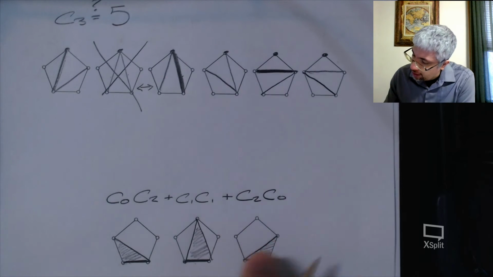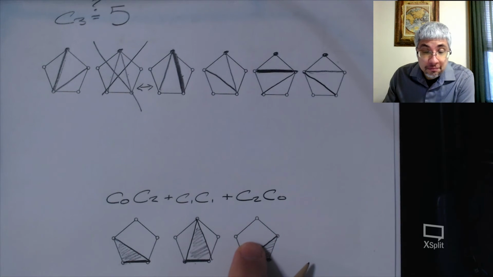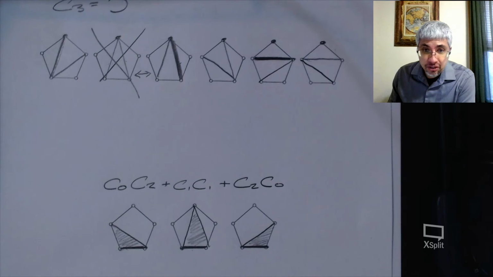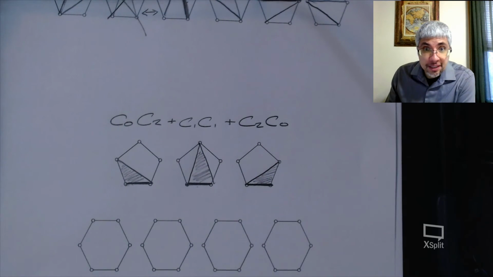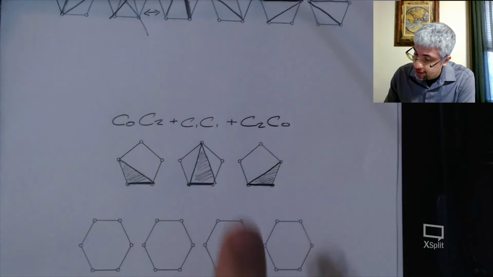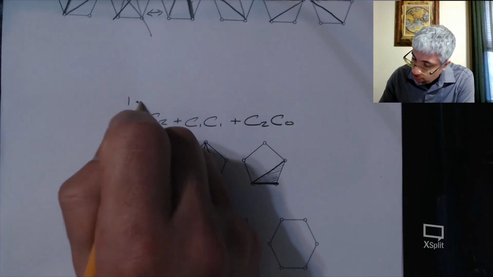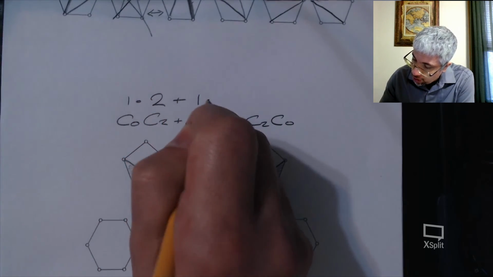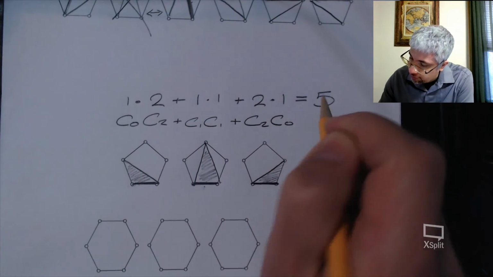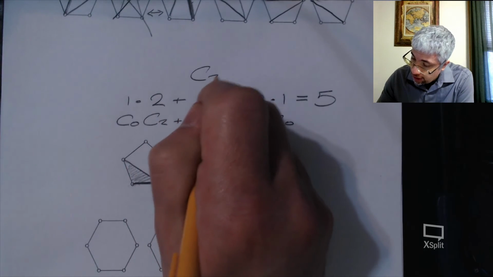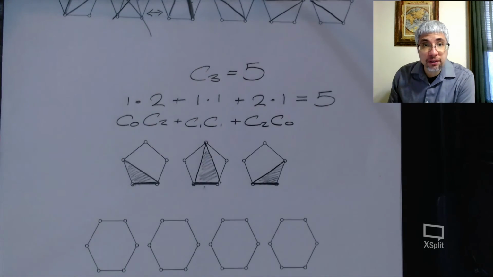And over here, I have a fourgon on the left. Okay, that's good. Seems to work. But let's see what this is. Let's actually do the computation. Well, this is 1 times 2 plus 1 times 1 plus 2 times 1 equals 5. So I get that C3 does, in fact, equal 5.